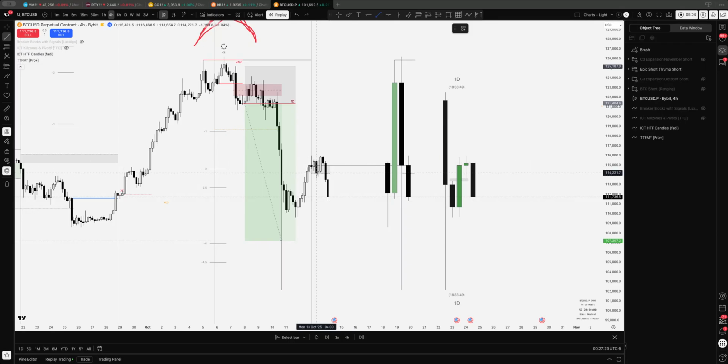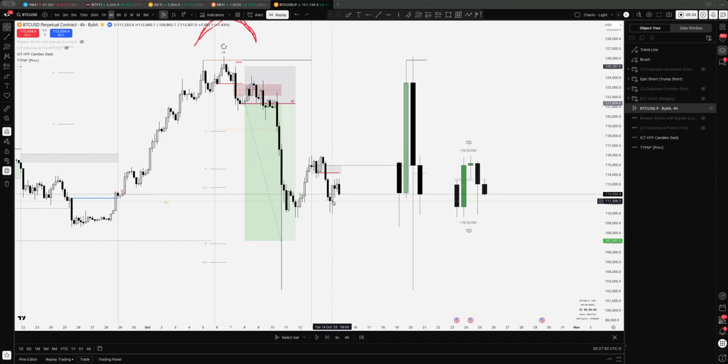All right, we have another change in the state of delivery on the 4-hour, early in the week, on a Monday. So I'm like, okay, we just created a wick and a small wick at that. And now we are anticipating price to expand lower throughout the week.